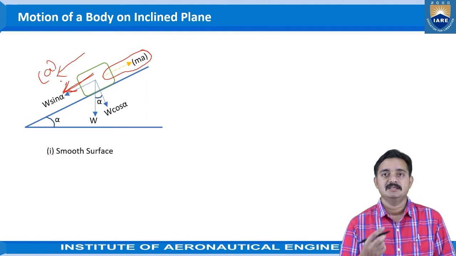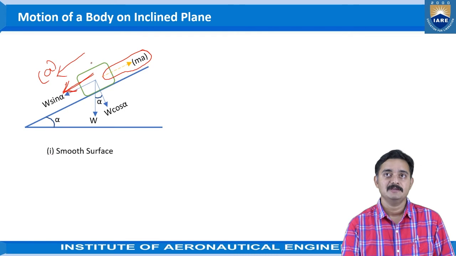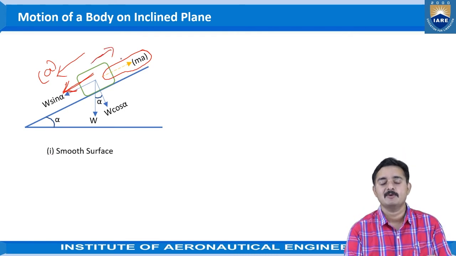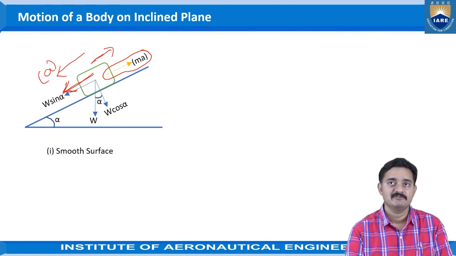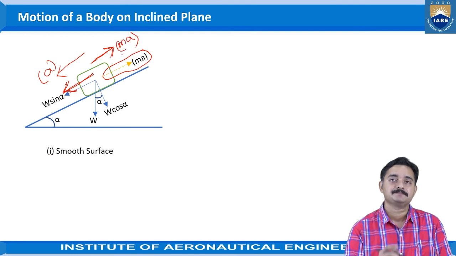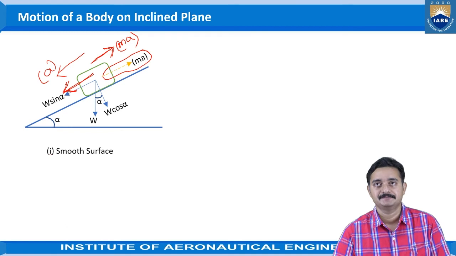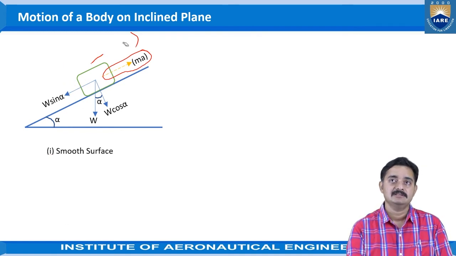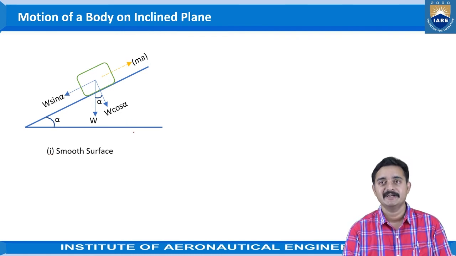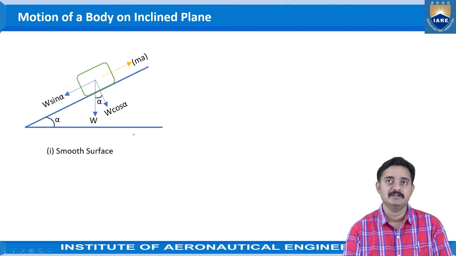So the inertia force is represented in the opposite direction to the acceleration of the object, that is, MA in the up the plane direction. When you consider all these things, this is the free body diagram of a system where the object is placed on an inclined plane.